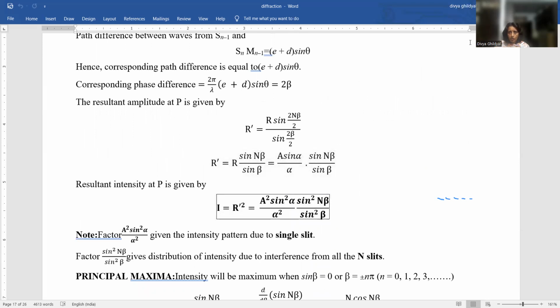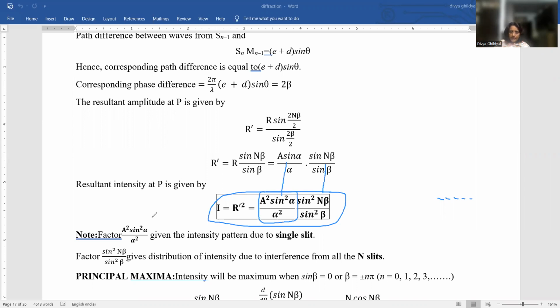Now have a closer look at this expression. The resultant intensity due to n number of slits is I equal to A squared sine squared alpha by alpha squared, the intensity due to a single slit, multiplied by sine squared n beta by sine squared beta.